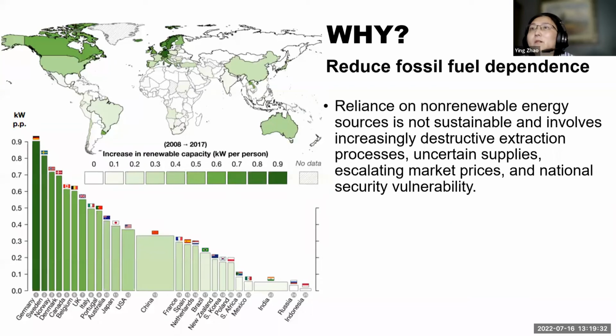On the next slide, another thing: making energy efficient will reduce the fossil fuel dependency. So that's also important, because economies and national security vulnerability are also an issue.